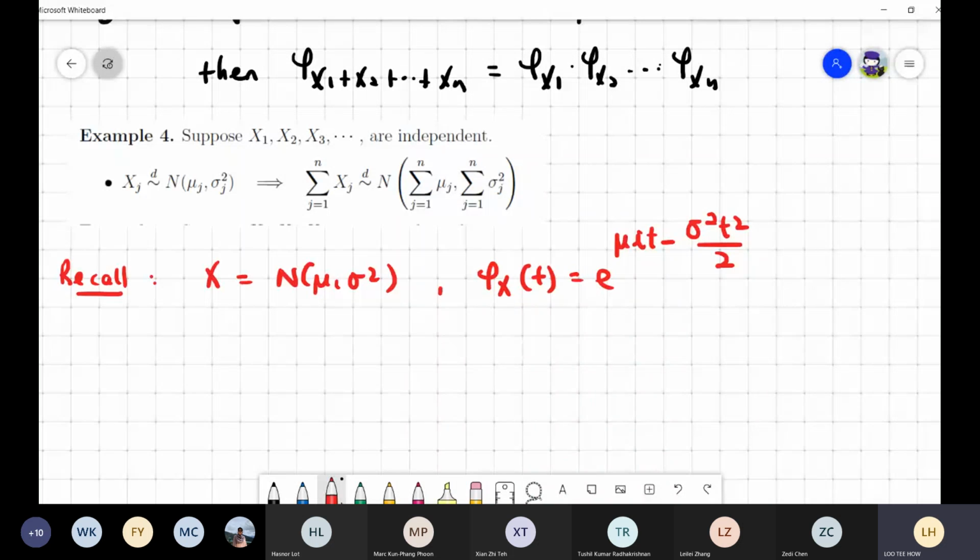Just now I think I put it a different way, but they are the same. Either one will do. So this is where x has a normal distribution.